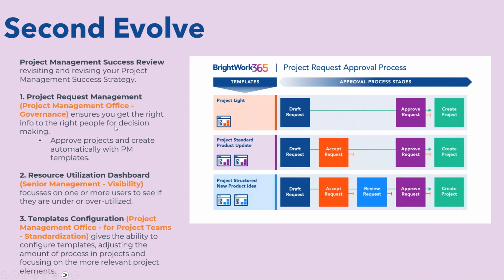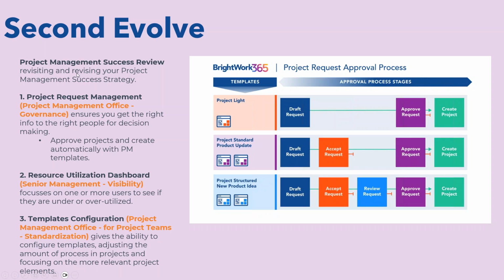So we said in our sample, we had a project management success strategy. We put in the start, the first evolve, and later the second evolve. And these were the items we put into the second evolve. How did we decide?